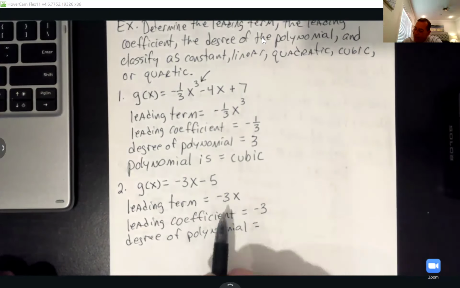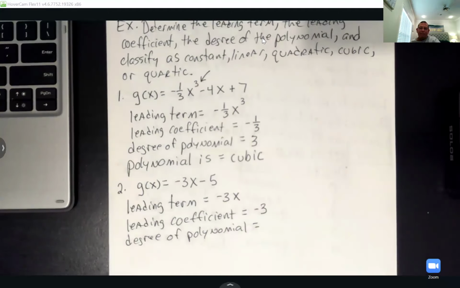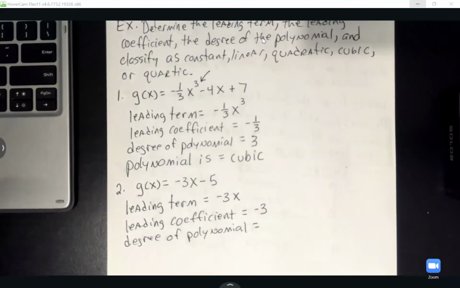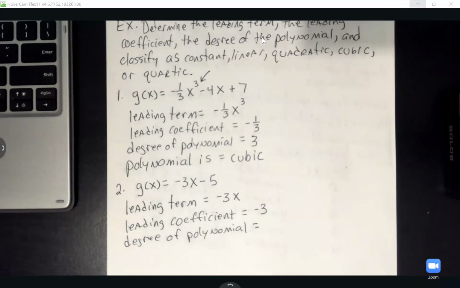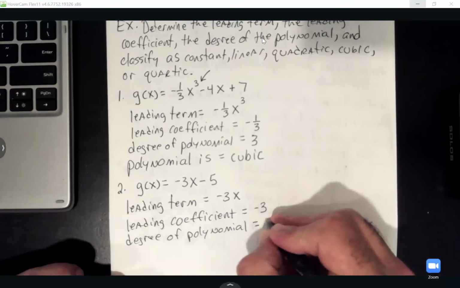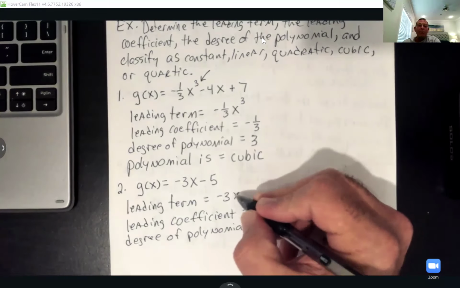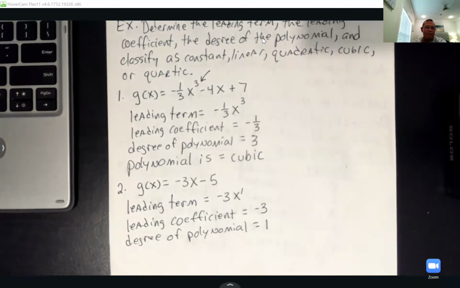Now remember, I said if it only had an x, what exponent is not being shown? Not 0, because remember, the 0 gets rid of the x and everything. What'd y'all just say? 1. So remember, if the variable's shown and it don't have an exponent, then it's automatically a 1.